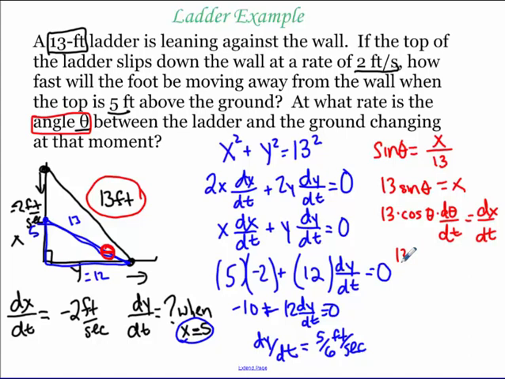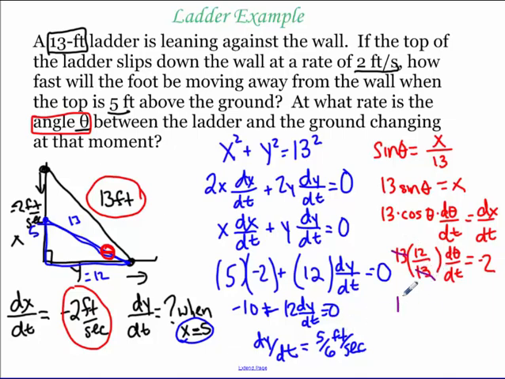Well, 13, the cosine of theta at this instant comes from that blue right triangle: 12 over 13. d theta dt is what I'm looking for. dx dt was moving at 2 feet per second, but it was negative. Okay, some algebra, the 13s cancel.